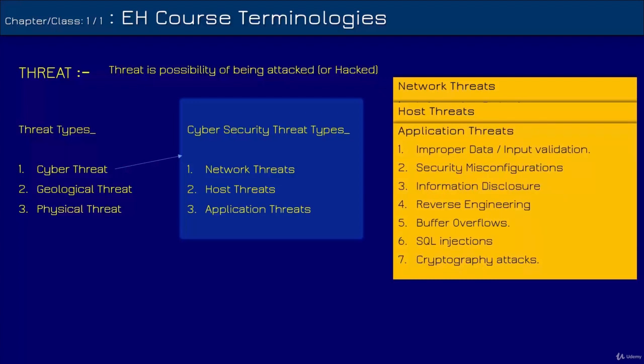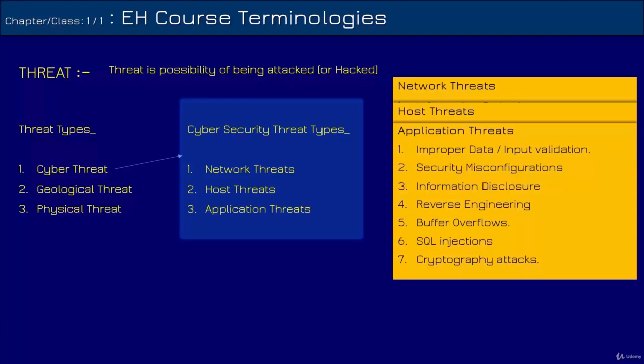It means that I am targeting the application itself. I can also conduct a buffer overflow attack on this application. So application threats are threats that are related to only the application but not the host on which the application is installed, and even the host could be a part of internet network itself.